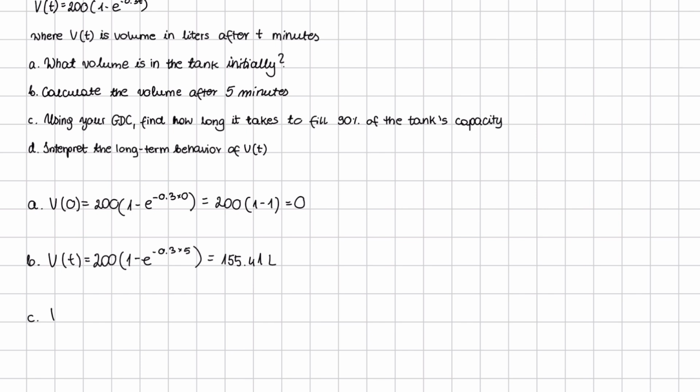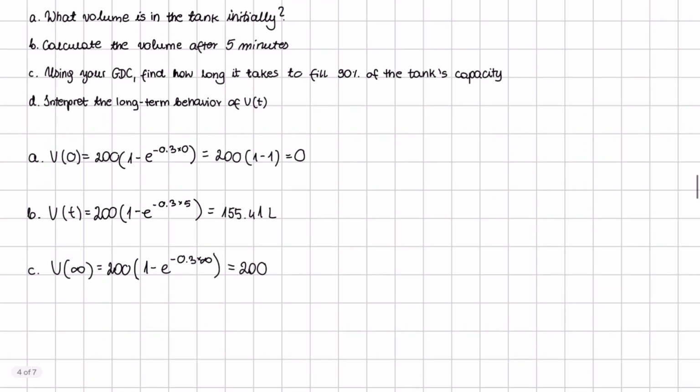So we can write V of infinity, because we're substituting a very big number. So it will be 200 times (1 minus e to the power of minus 0.3 times infinity), and as you can observe from your GDC, this is 200. So 200 is our maximum capacity.